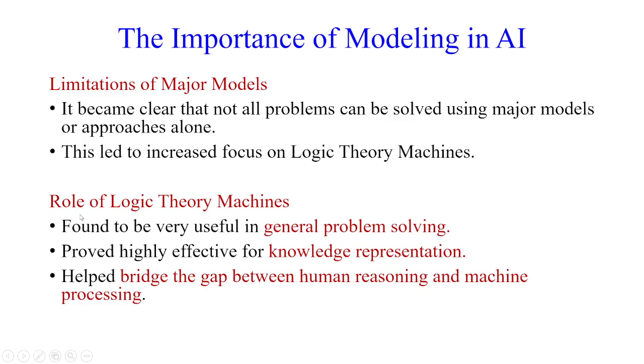But they quickly realized that a model that worked well for one type of problem may completely fail for another. That's true. This was a major turning point in AI research. This limitation led to increased focus on something called logic theory machines.